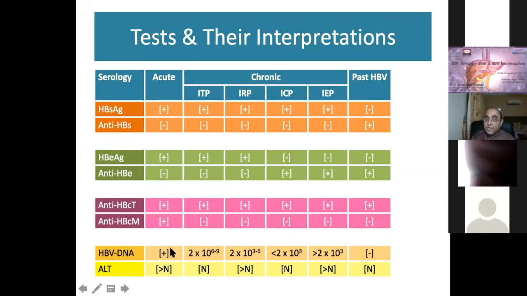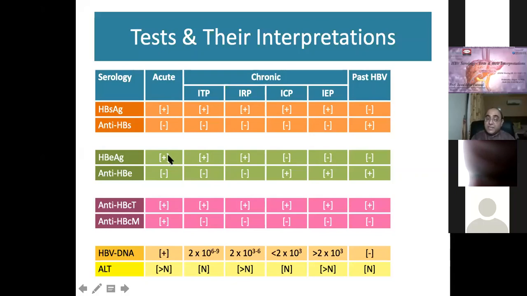So we learned the acute and the recovered phase, and in the chronic phase, chronic hepatitis, 4 phases: the first 2 HBe antigen positive, the last 2 HBe antigen negative.